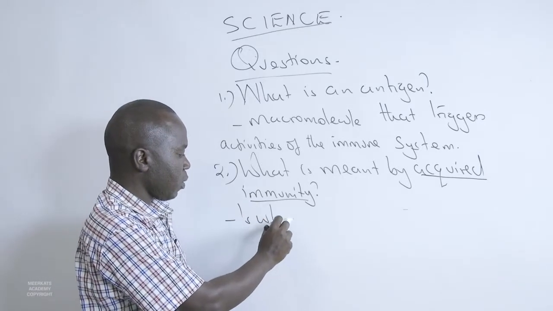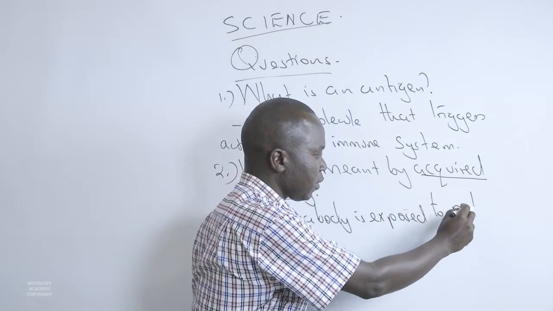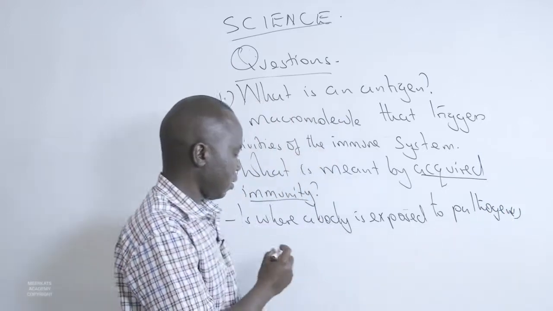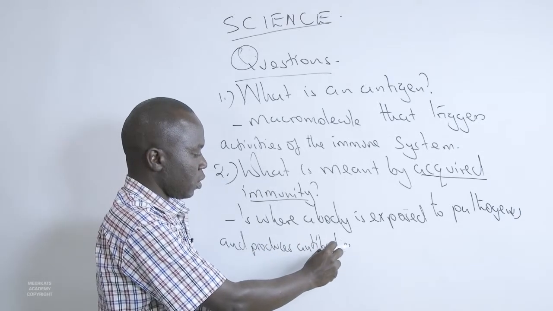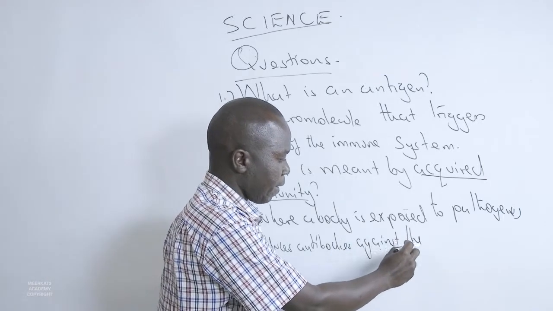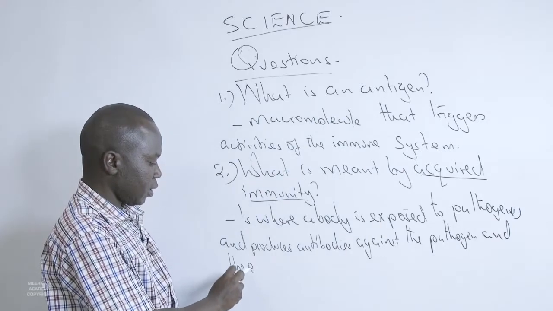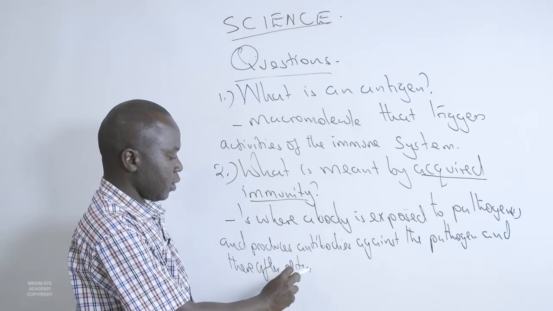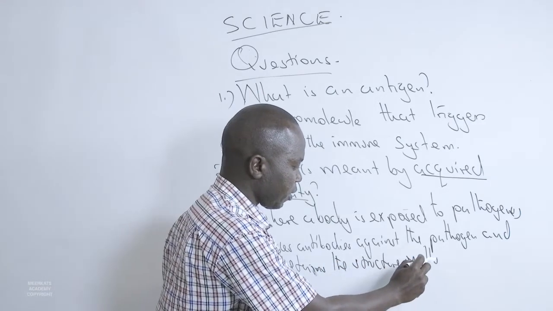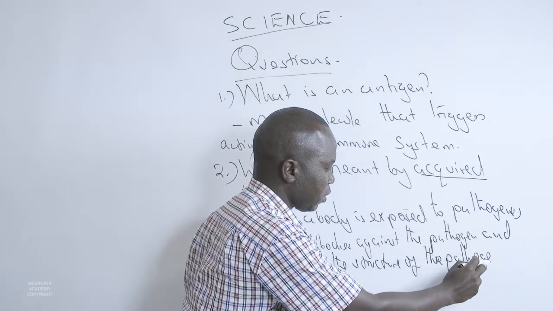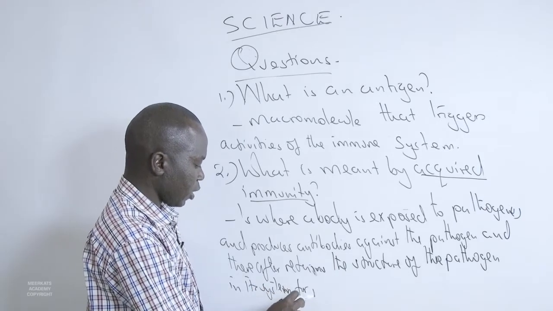So we can say it is where a body is exposed to pathogens and produces antibodies against the pathogen, and thereafter retains the structure of the pathogen in its system for production of more antibodies.